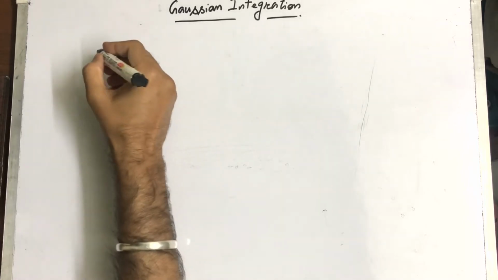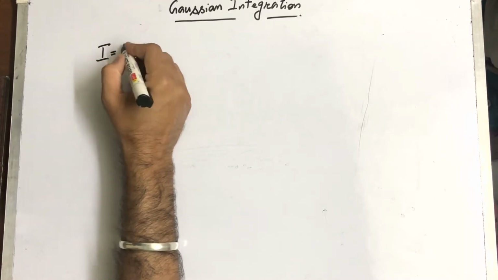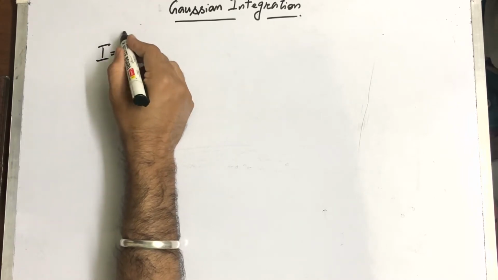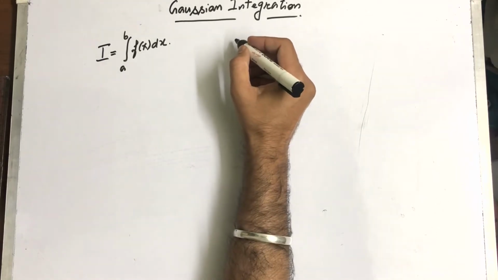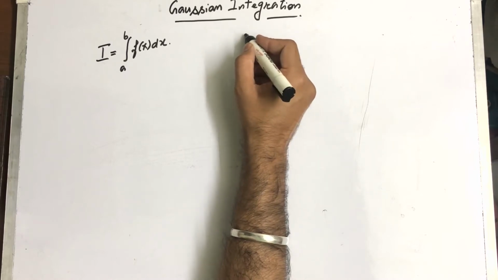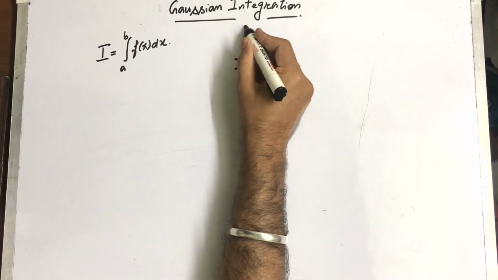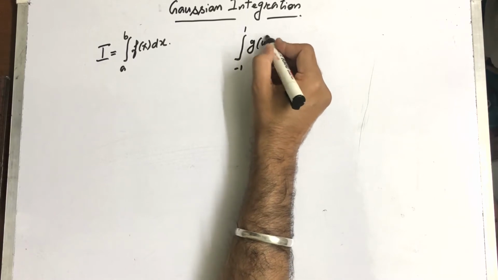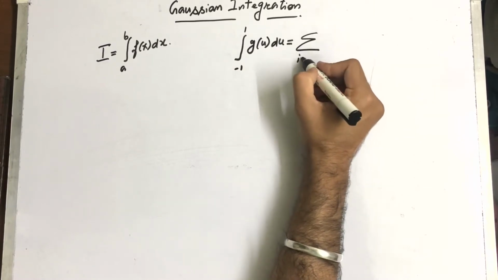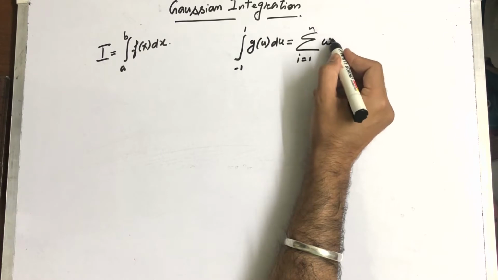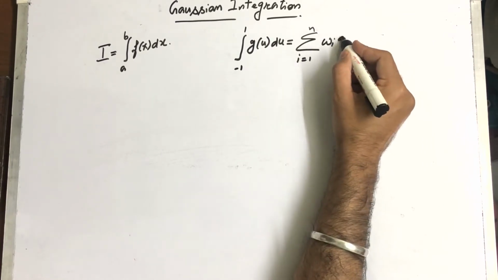Our aim is to find the definite integral from a to b of f(x) dx, and here we will approximate this function by the formula given by Gaussian integration, that is, the integral from -1 to 1 of g(u) du is equal to the summation for i from 1 to n of w_i g(u_i).